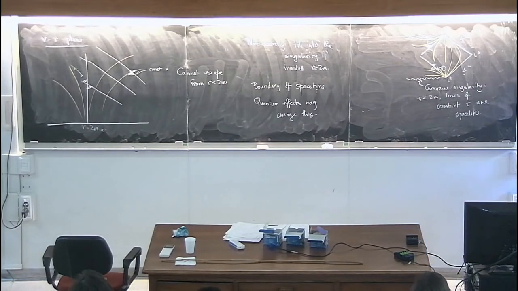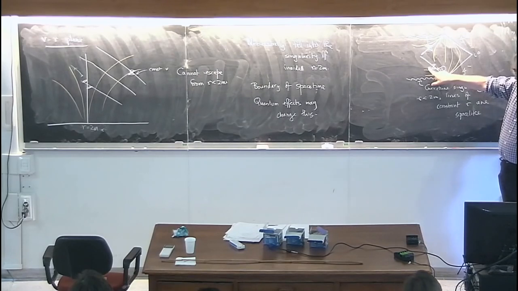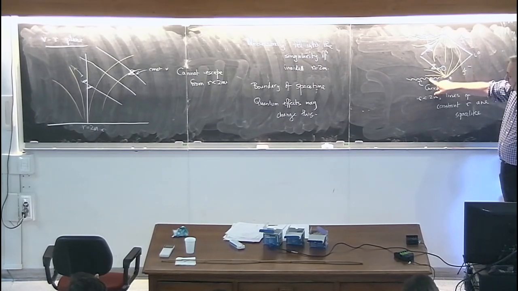It's a little bit worse than that, because suppose you were here, we agreed that there was points here where you'd be forced to move into this region. But if you are here, you must have started off at the singularity, whatever that means.